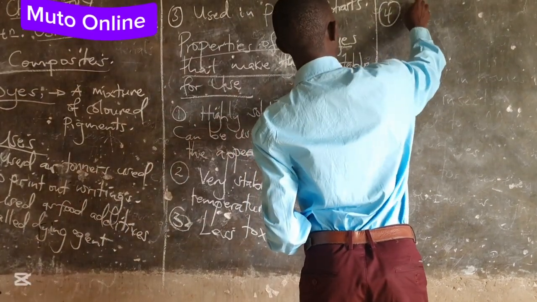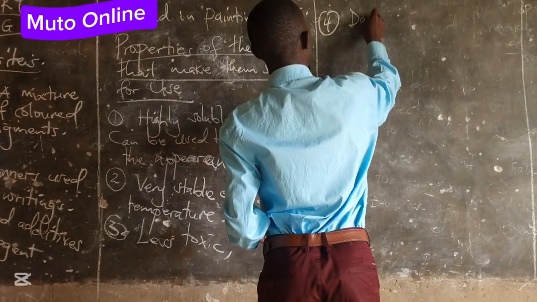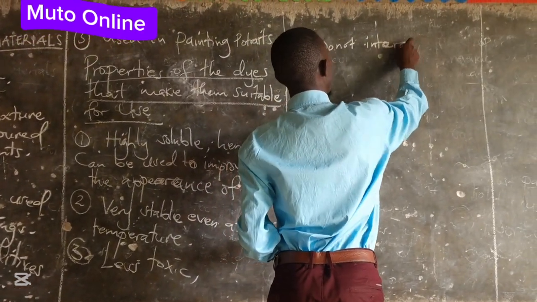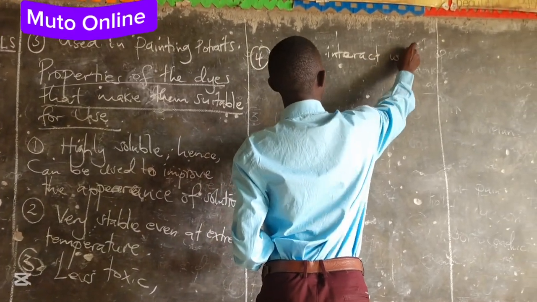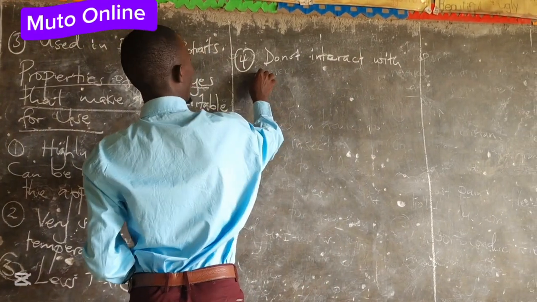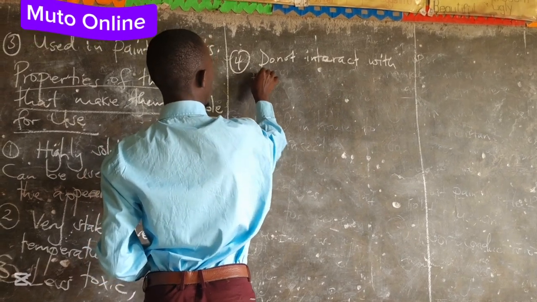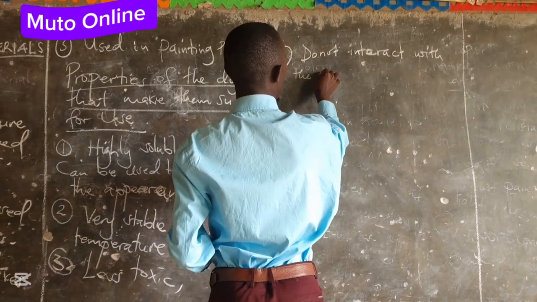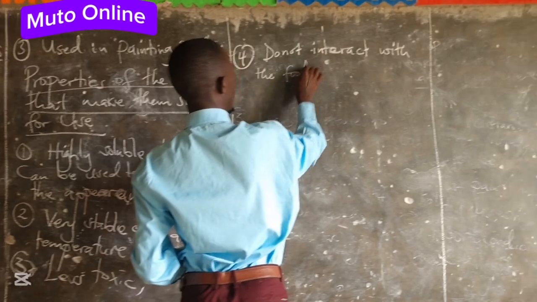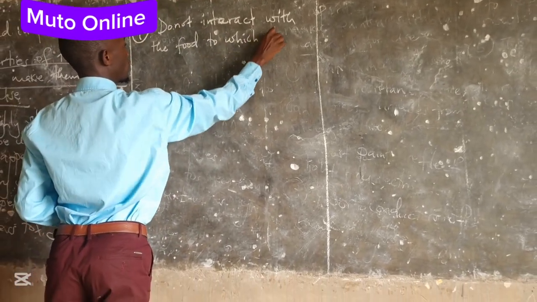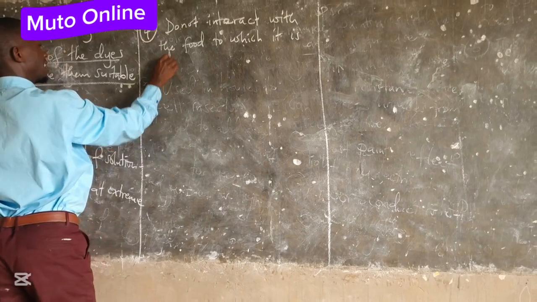Property 4, the dyes do not interact with the food to which they are added.